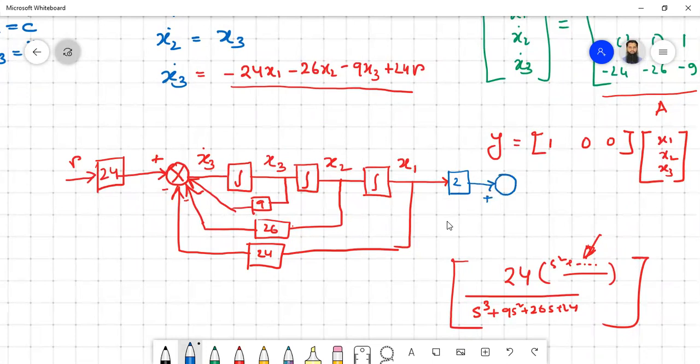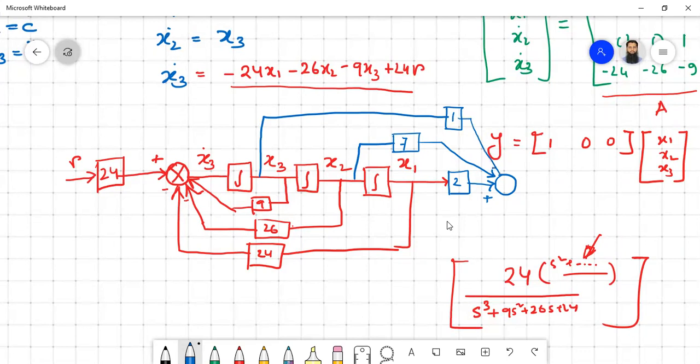Then 7x2, so you can take another block with 7 and add it here. And x3, directly x3, or if you want, you can give a gain of 1 for uniform representation. All these three will be summed together to find your y(t).